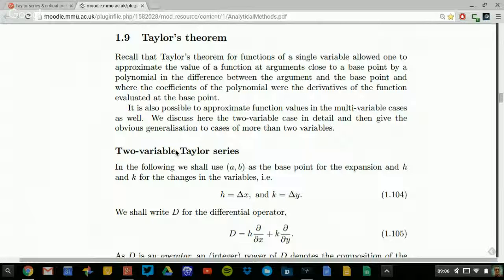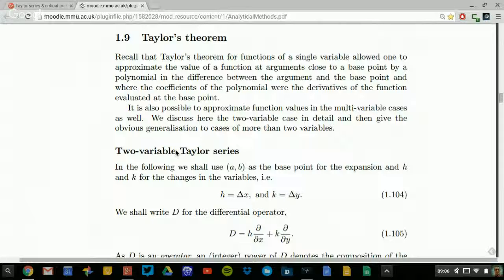I'll just write in general here for points u near 0. For some functions, these Taylor series were valid across the whole real numbers. For others, they were only valid in a certain interval around the base point, or around the origin.